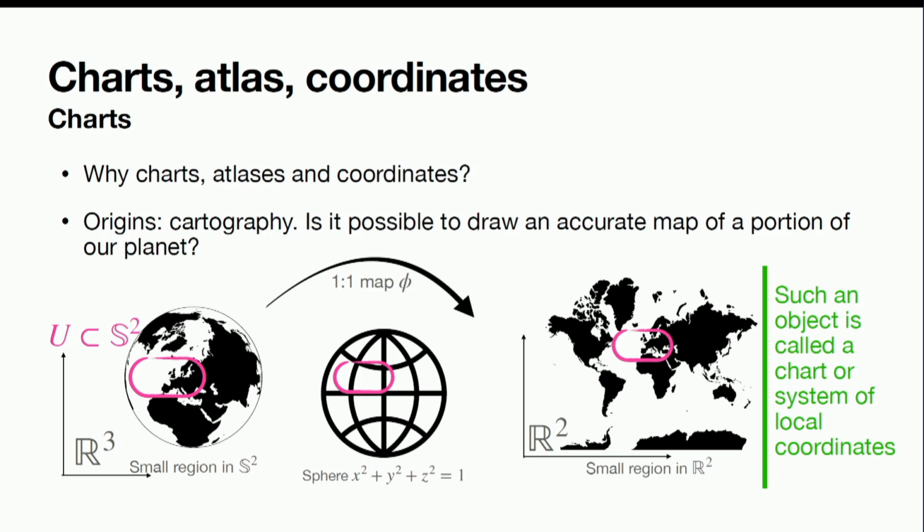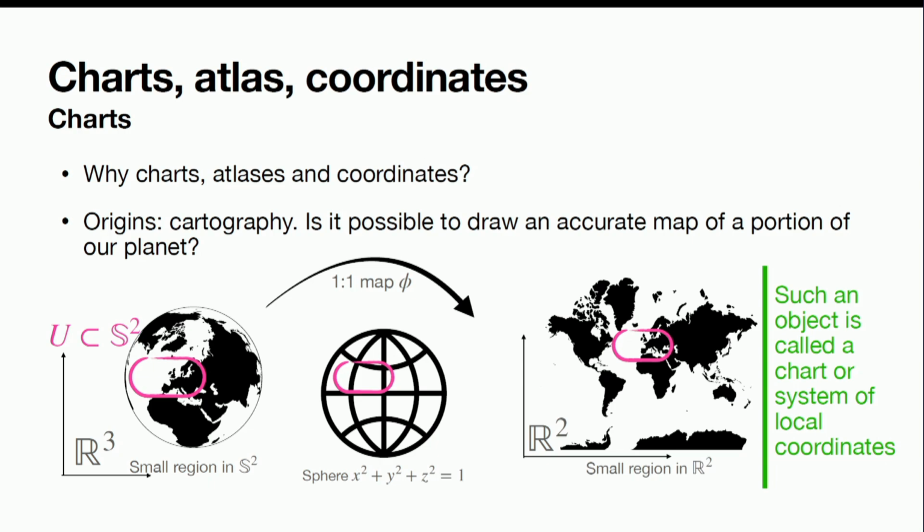So everything starts naturally with cartography, and for example, Gauss wanted to make a map of the world, and well, it's natural to wonder how to do this, and that's how manifolds were born, actually. So the problem comes from cartography, and the question is: is it possible to draw an accurate map of a portion of our planet?